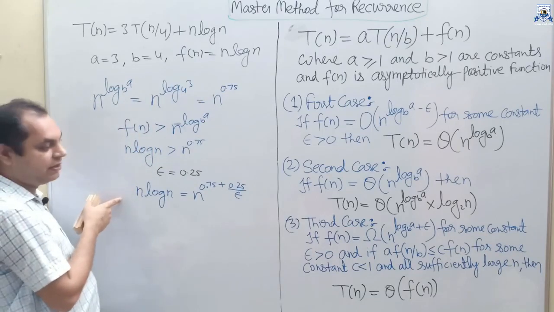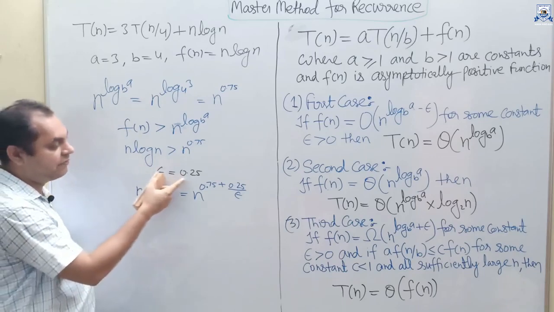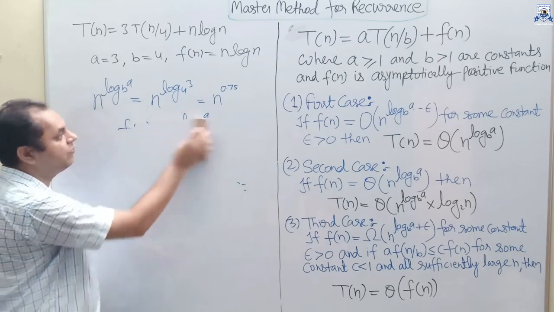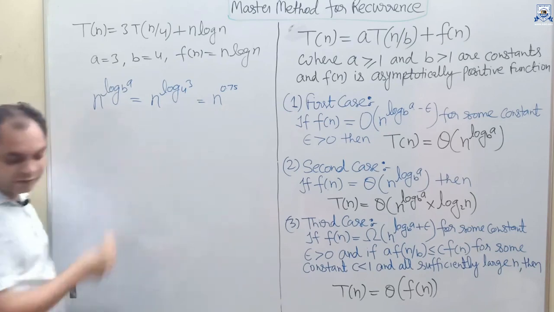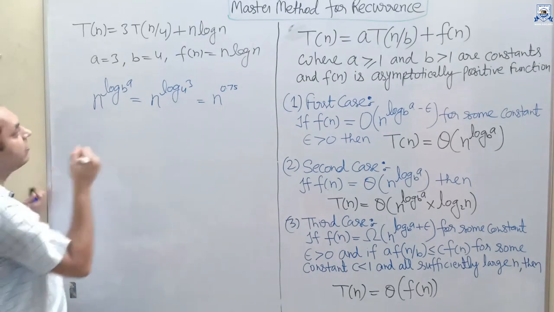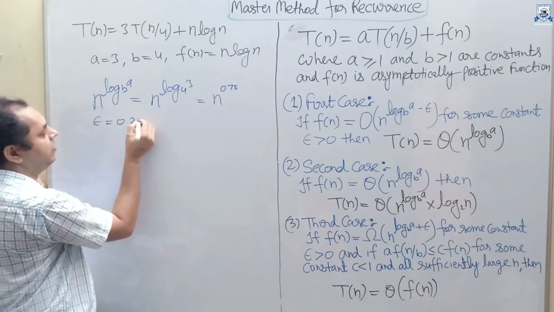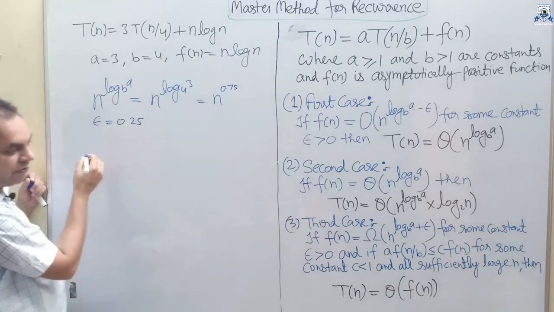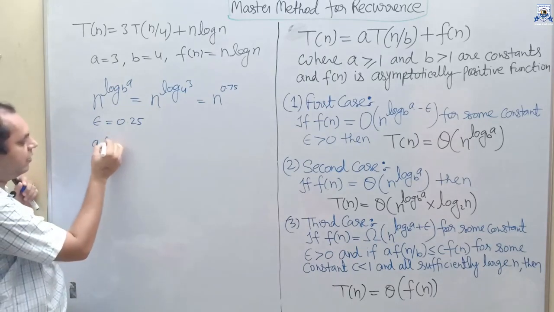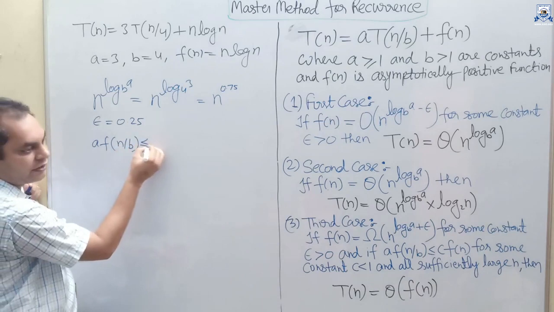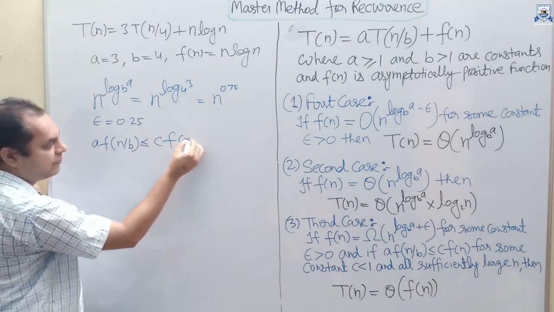From this discussion we have already found the value of epsilon is 0.25. Now we have to calculate a f(n/b) less than or equal to c f(n).